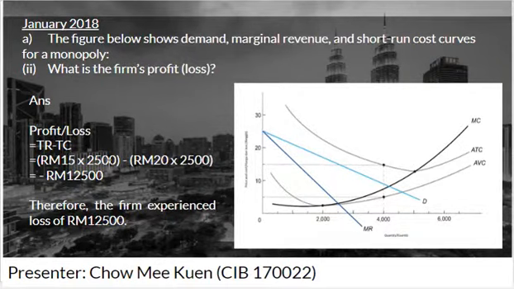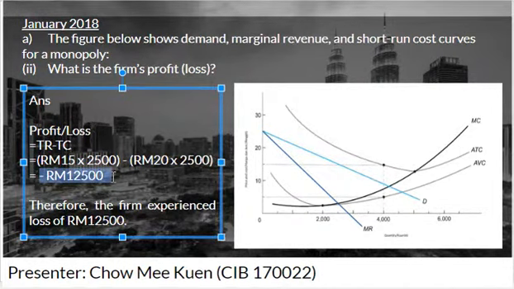By doing this calculation, we find a loss of 12,500 ringgit, and therefore the firm experienced a loss of 12,500 ringgit. So we move on to the next one.